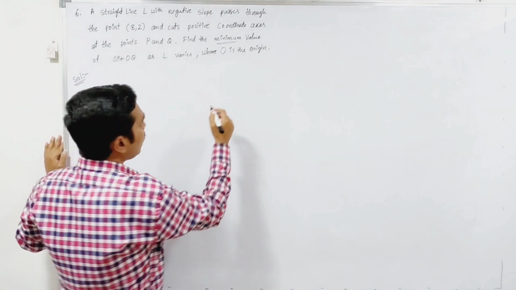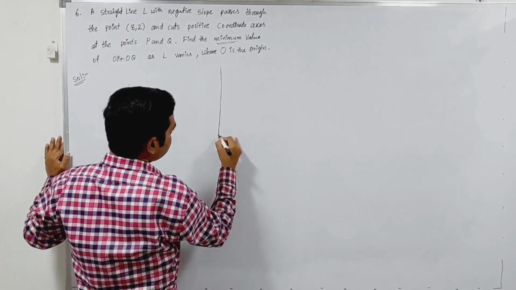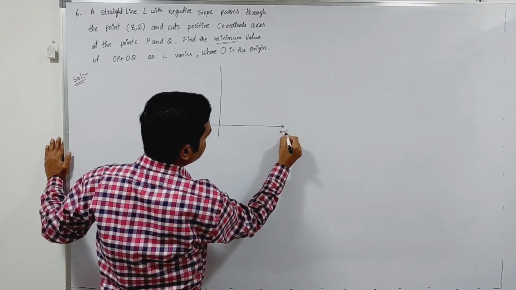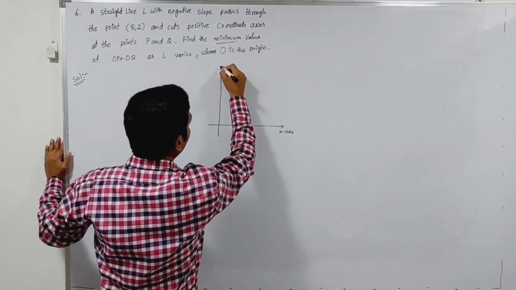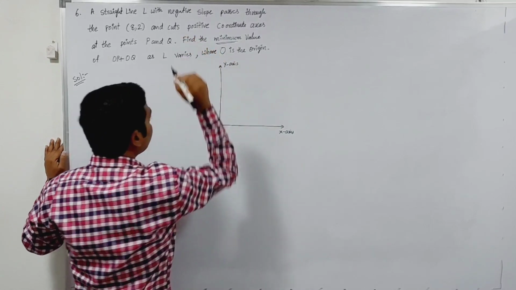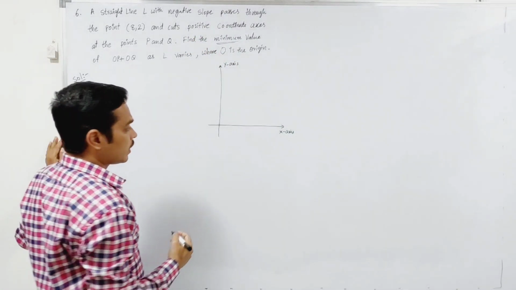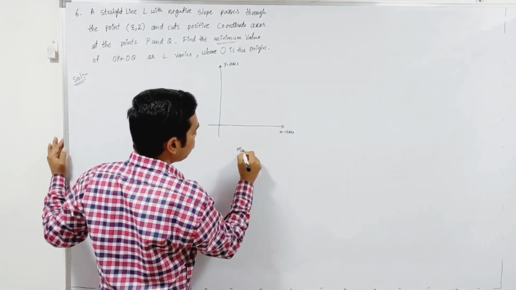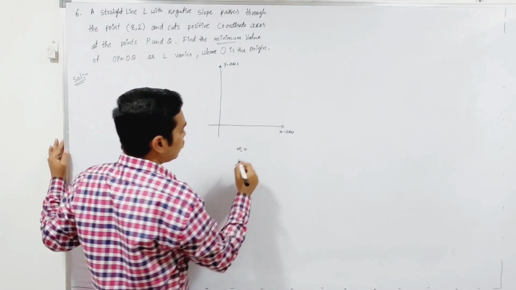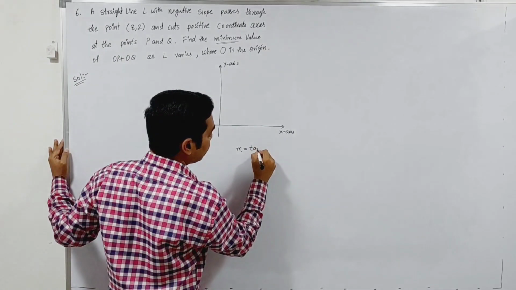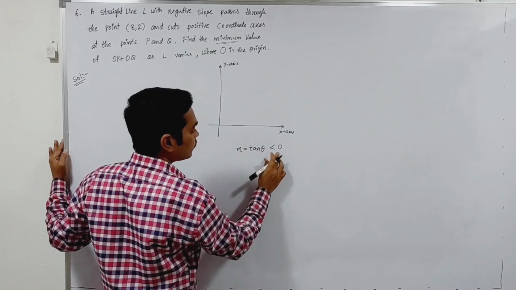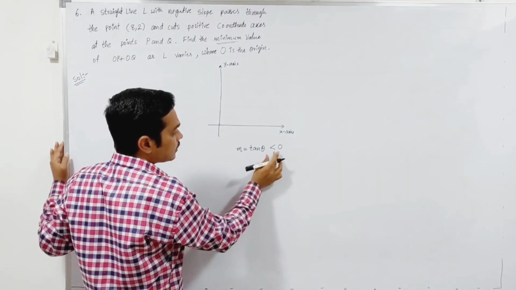For example, this is the y-axis and this is the x-axis. A straight line L with negative slope. Let m be the slope of the line L. We know that m is equal to tan theta. The slope is negative, meaning less than 0, so tan theta is less than 0.